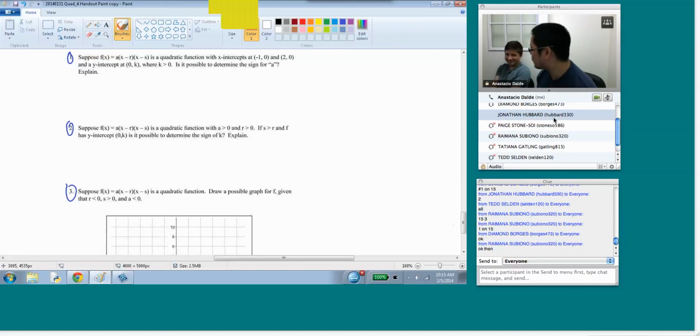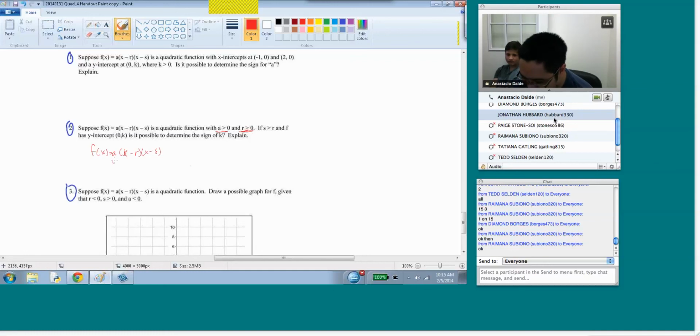If we have some function that looks like f of x equals a times (x minus r) times (x minus s), all right? Now what they're saying here is that it's a quadratic function with a being a positive number and r being a positive number.